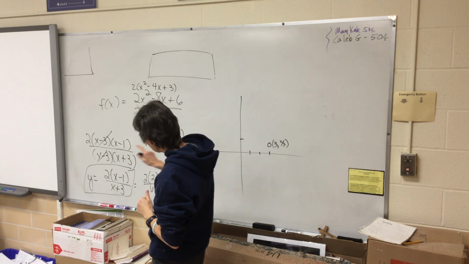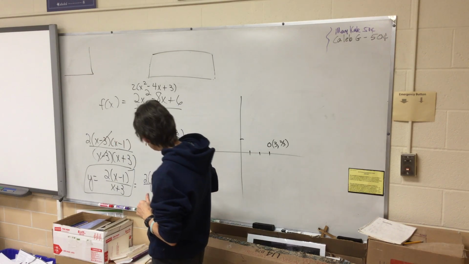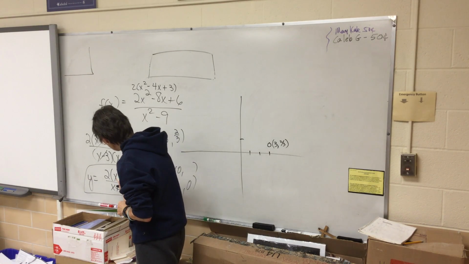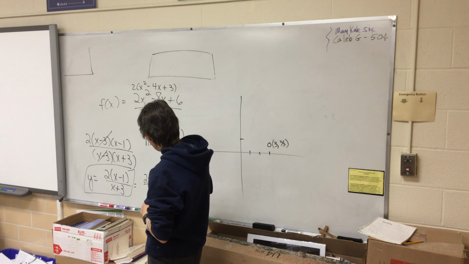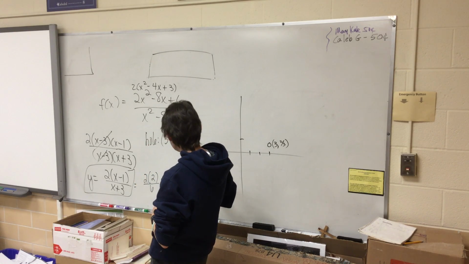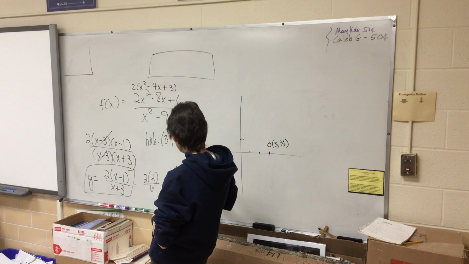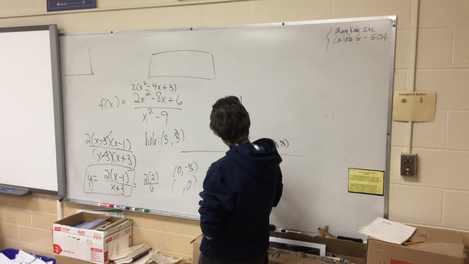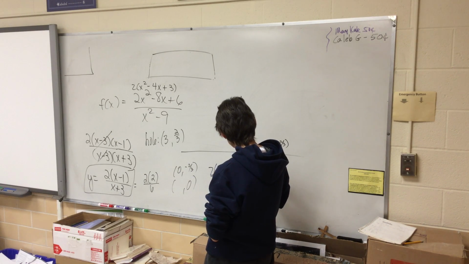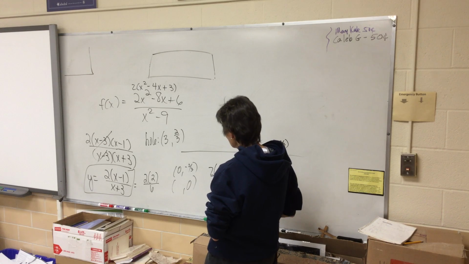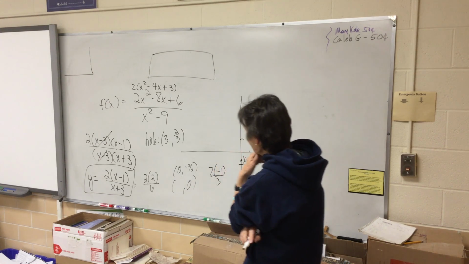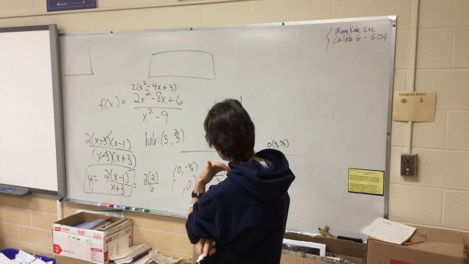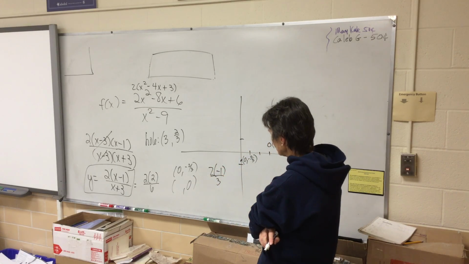If I let x be 0, I'm going to get 2 times negative 1 over 3, so negative 2/3. I plot the point (0, -2/3), and that would be my y-intercept because it's plotted on the y-axis.